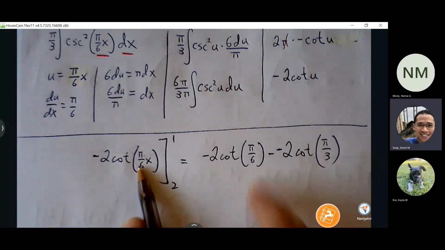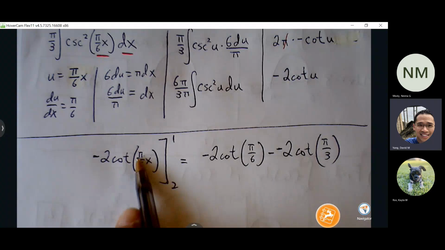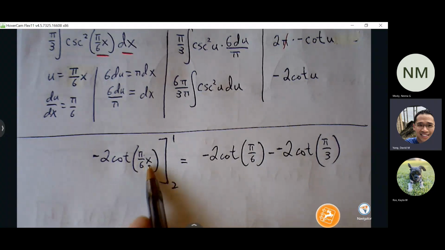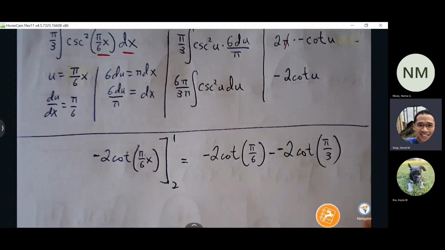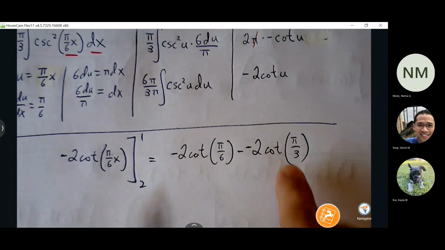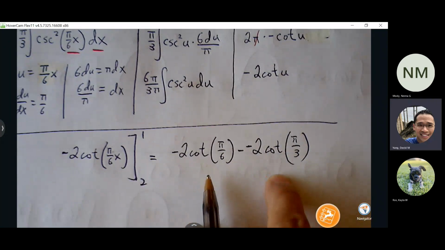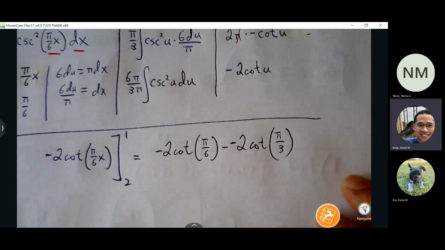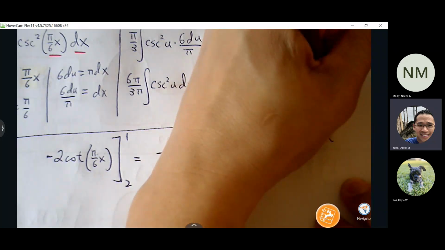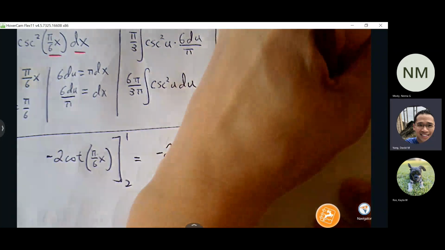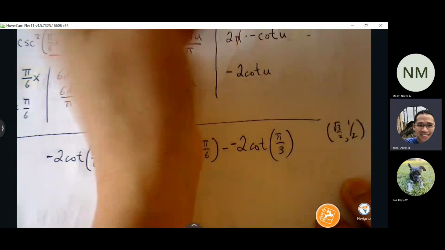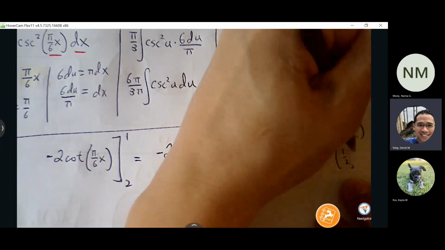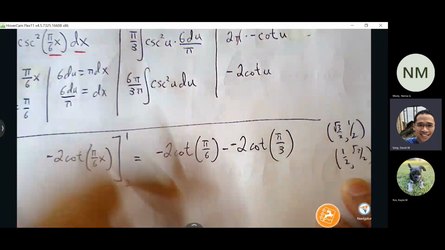Okay, so 1 times pi over 6 is pi over 6. 2 times pi over 6 is 2 pi over 6, which is pi over 3. Now we can't leave it in this form. We got to resolve it. So cotangent of pi over 6, if you think about your ordered pair at pi over 6, is √3 over 2, 1/2. Ordered pair of pi over 3 is 1/2, √3 over 2.